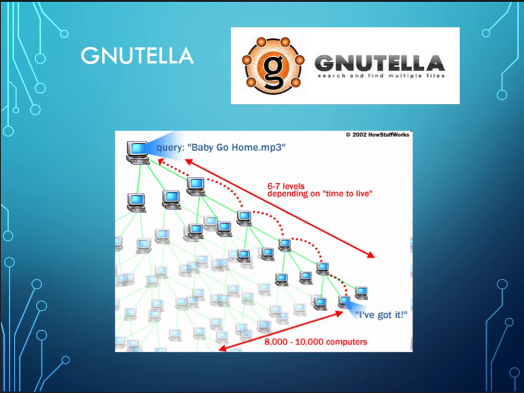So next is Gnutella, sharing of peer files, not only music files, could be documents, could be videos. And here we have the example of a query of MP3 files. It goes through 6 to 7 layers until they hit the required files.